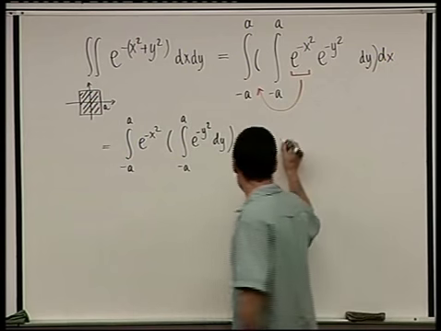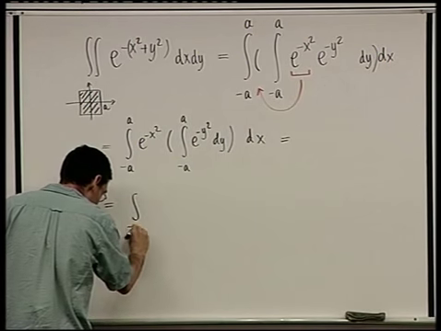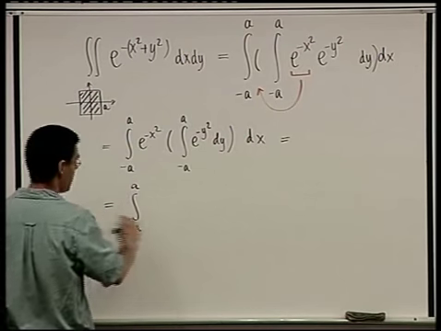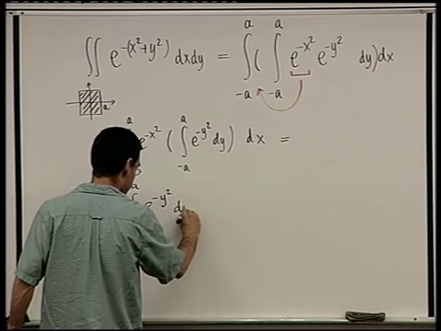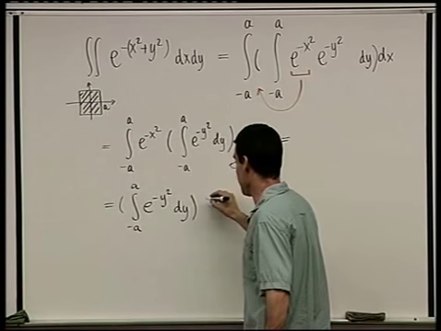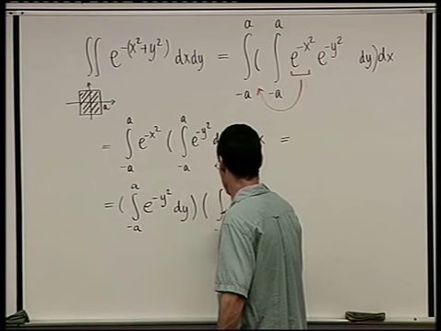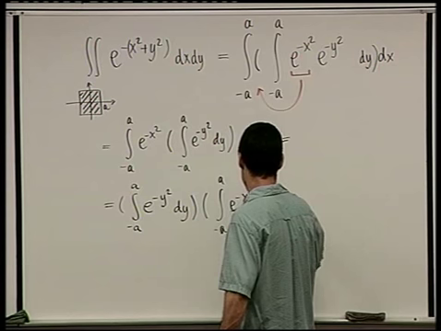Okay, so this thing equals, and this is important, you must understand this, the integral of e to the minus y squared dy, which I just pulled out. And inside I'm left with the integral from minus a to a, e to the minus x squared dx.